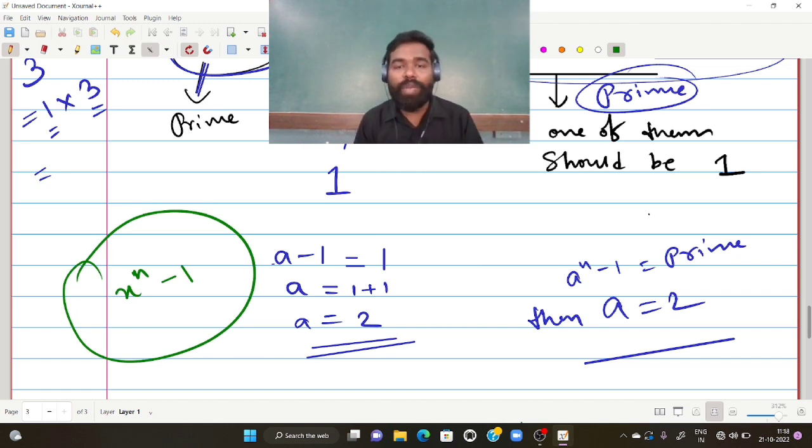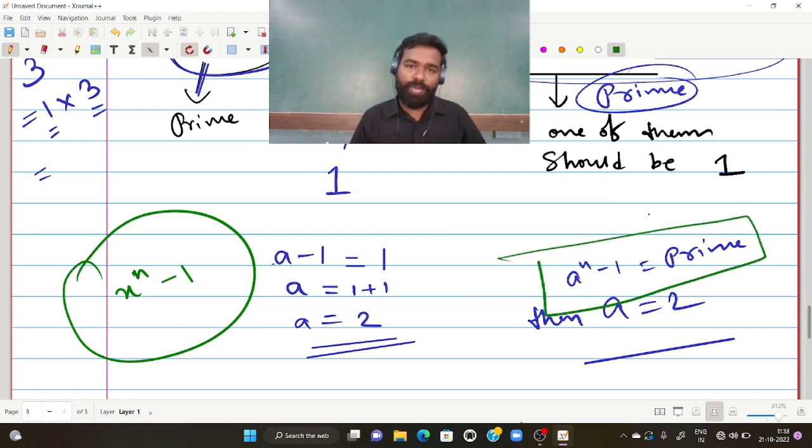We arrived by looking at a pattern of how it grows, how the terms inside the bracket expand. And then we have proved as well why we are writing x to the power n minus 1. Is it okay to write or not? So we have given a simple proof with the help of multiplication of polynomials, and then we have shown that this is a unique property: if this part is prime then a must be equal to 2.